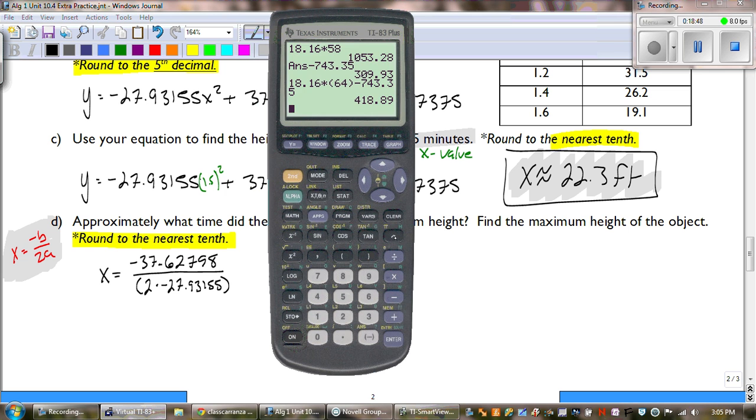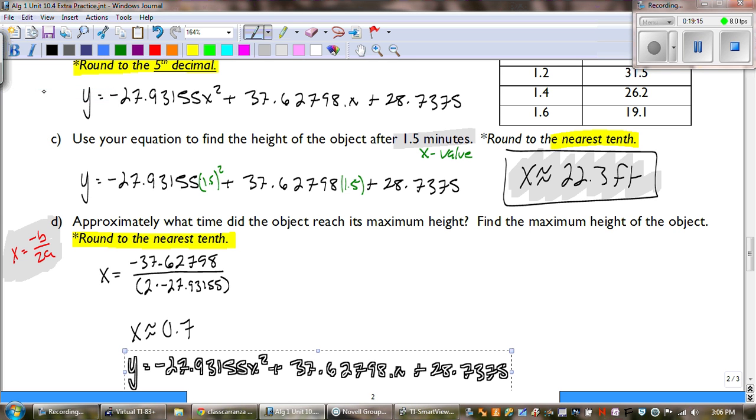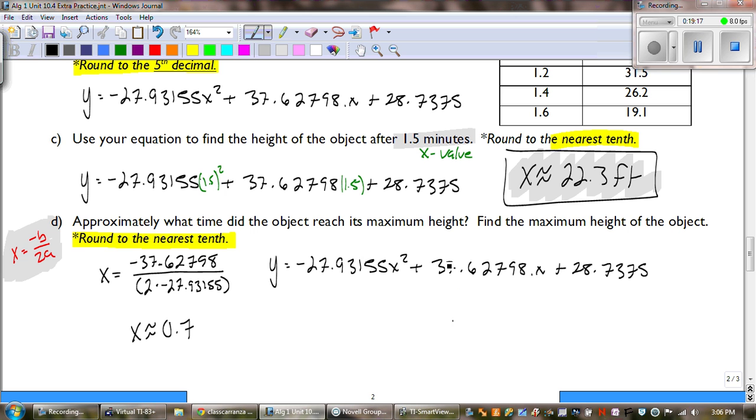We had a lot of issues with this in class. So negative 37.62798 divided by, and in parentheses, I'm writing everything down from the bottom. And when we round that to the nearest 10th, we get 0.7. And after we get 0.7, then we have to plug everything into this equation.